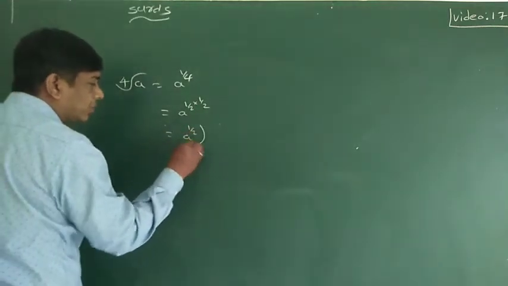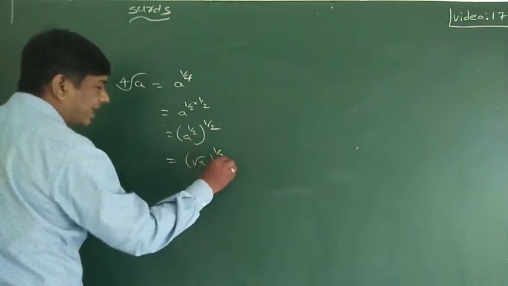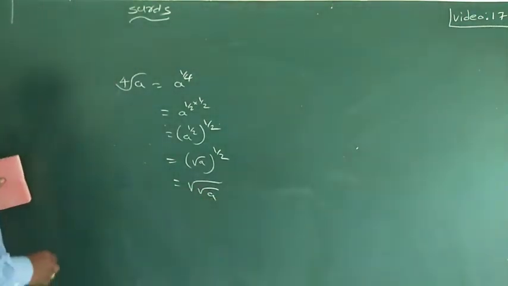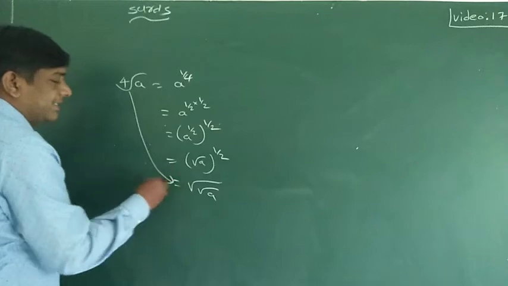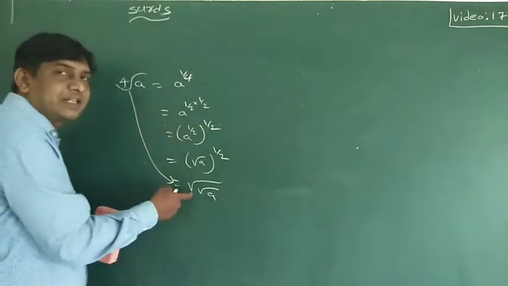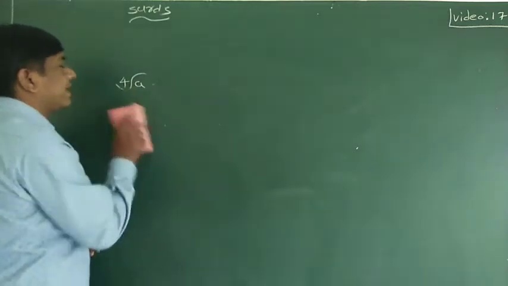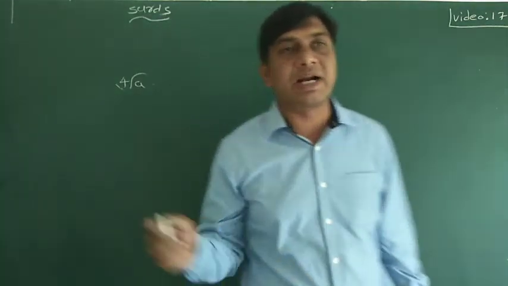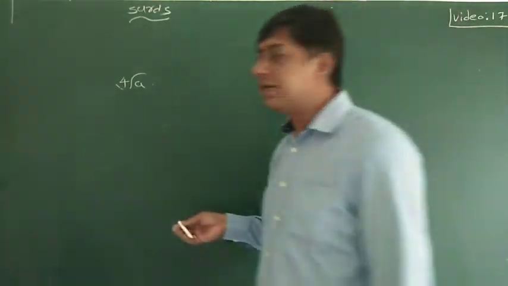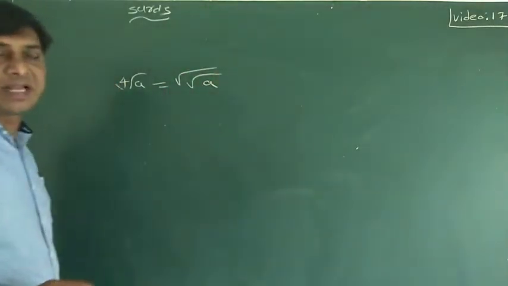Now, a power 1 by 2 whole power 1 by 2. A power 1 by 2 means square root of a, whole power 1 by 2. That is equal to the root of root a. So the fourth root of a can be written as the square root of the square root of a. Because I don't have a direct procedure to find the fourth root of a fourth order surd, I split it as a square root of a square root.